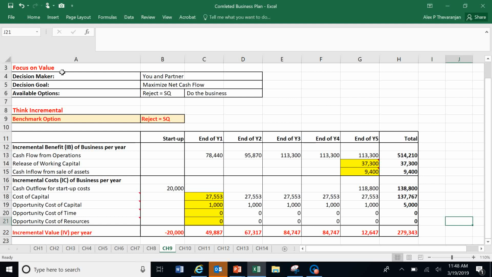Focusing on value comes down to identifying the decision maker, the decision goal, and the available options. The decision maker, in this case, is you and your partner deciding whether you should do the business or not. Then, what is it that you value? What is your goal? Our primary goal here is long-term happiness.